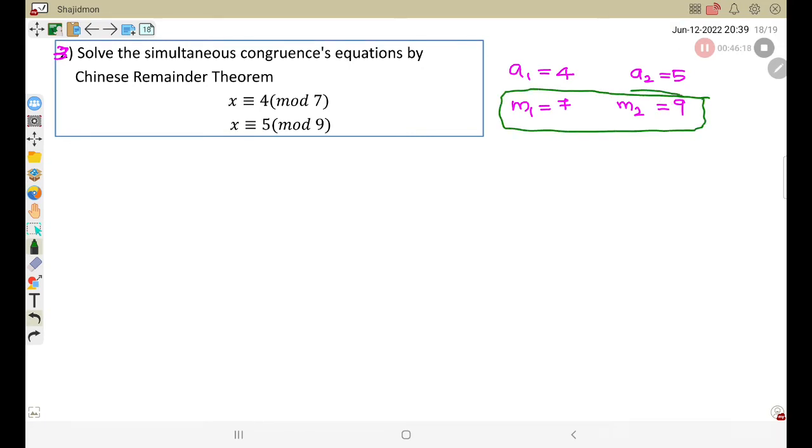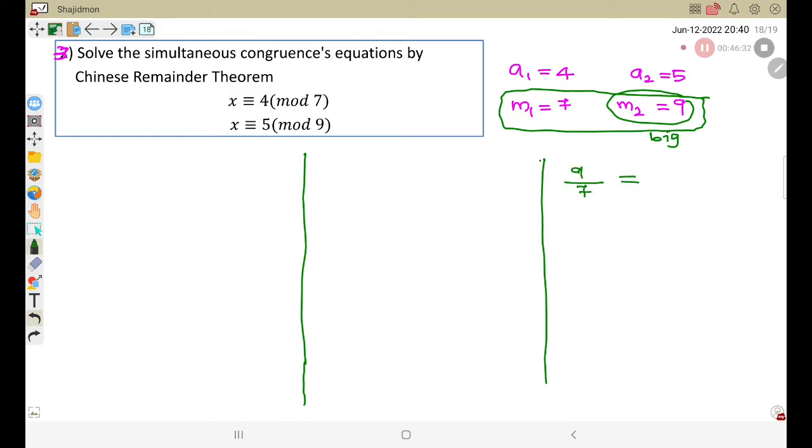So here 9 is the bigger number. So first bigger number 9 divided by small number 7. 9 divided by 7, what answer? 1.285 like this. You can practice with me.